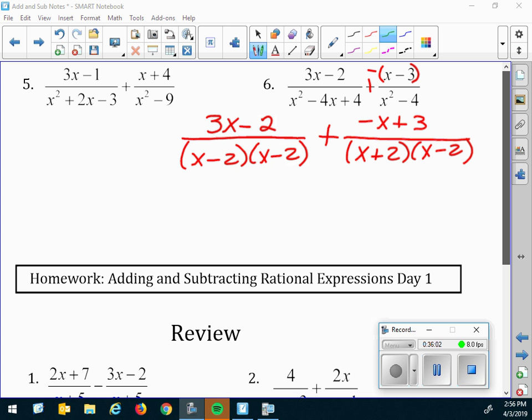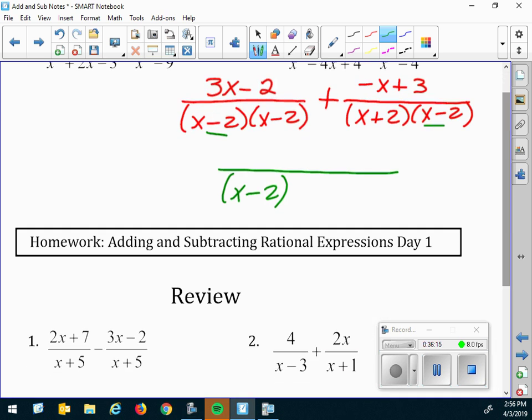What's your common denominator? An x minus 2 is the same. Good. And then I say, well, I don't have anything else the same, so I just have to write everything else down. X minus 2 and x plus 2. What's the first fraction need?